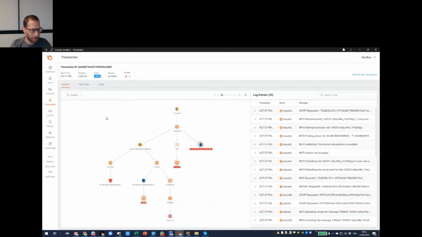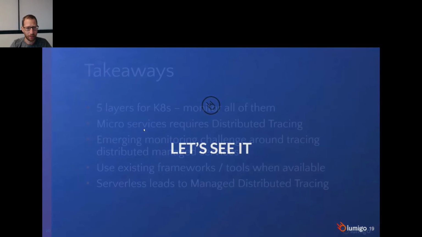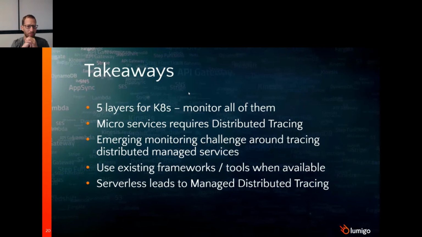With that in mind, I want to come back and summarize. We talked about the layers of Kubernetes, and the need to monitor all of them if you're doing Kubernetes. Microservices require distributed tracing. It doesn't matter really if it's Kubernetes, serverless, containers, even VMs. We talked very briefly about OpenTelemetry and Jaeger.